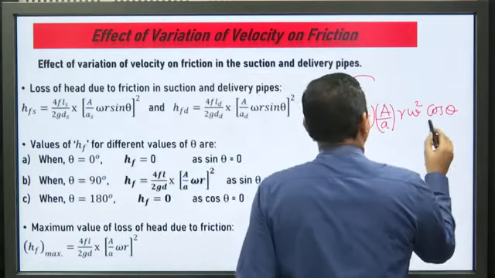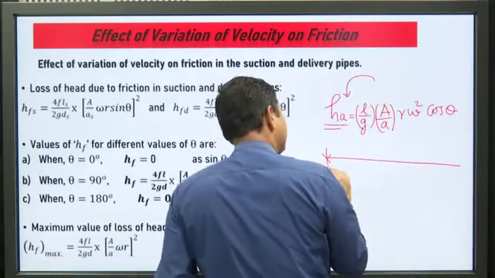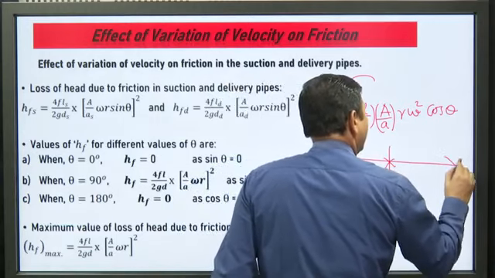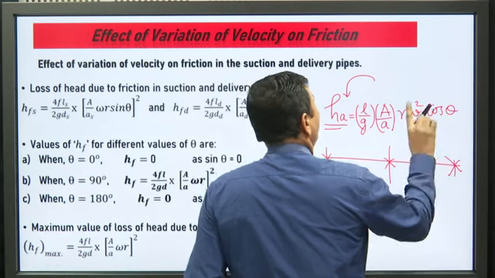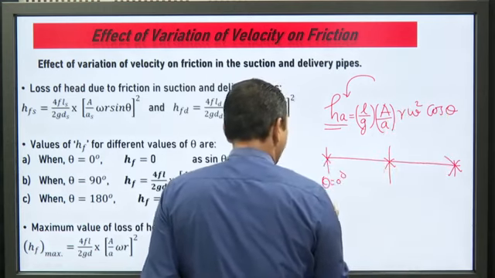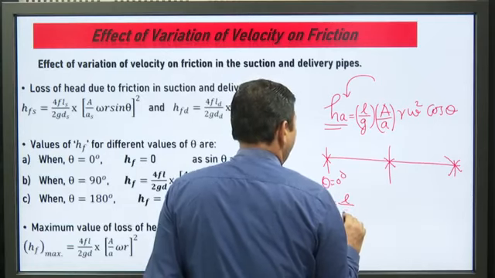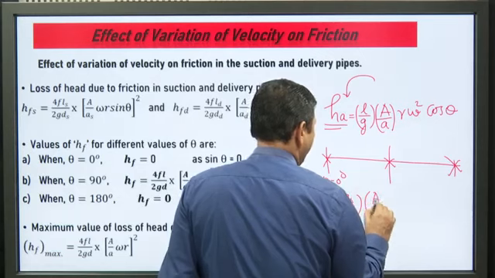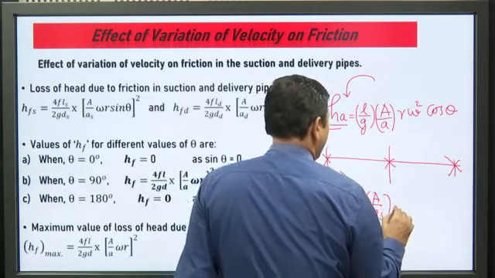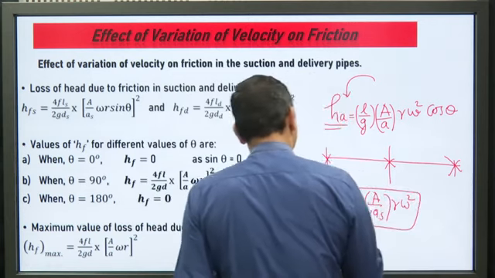In this case theta is 0 at the beginning of stroke, so cos 0 is 1. So for the suction, this friction effect, what is this? HAS equals Ls upon g, A upon As, r omega square. Okay. This one is positive.